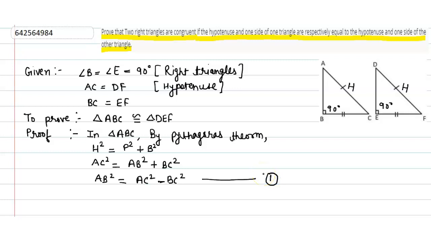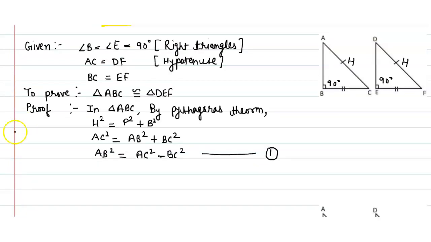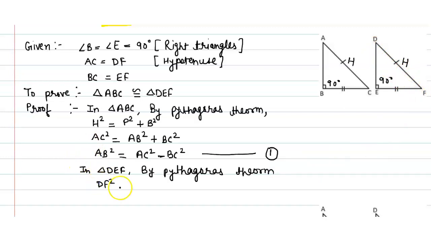Now, similarly, we will do with triangle DEF. In triangle DEF by the Pythagoras theorem, here also the hypotenuse square, that is DF square, will be equal to the sum of DE square and EF square.